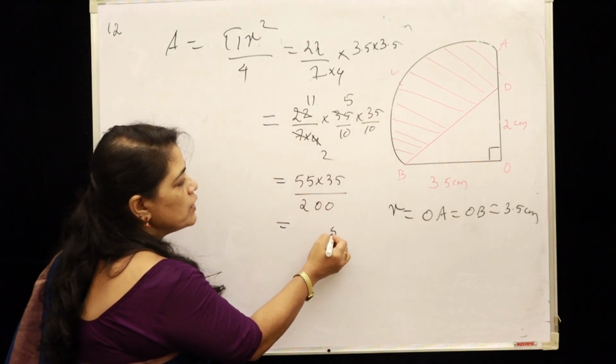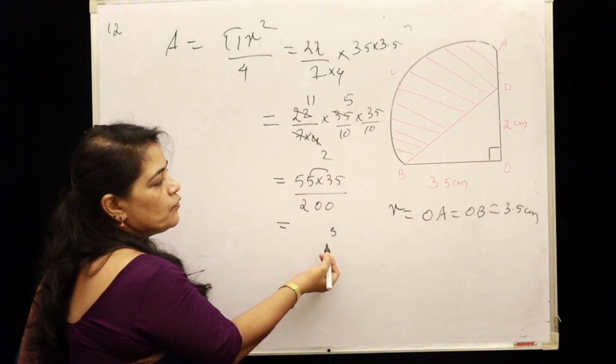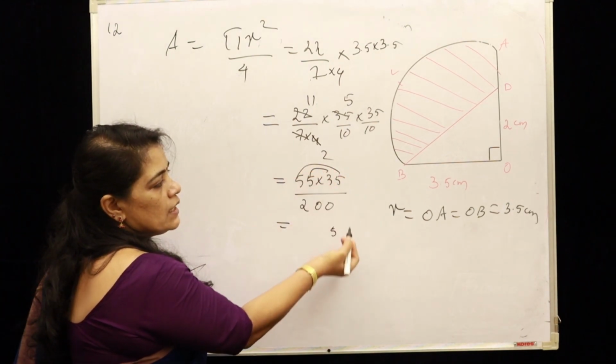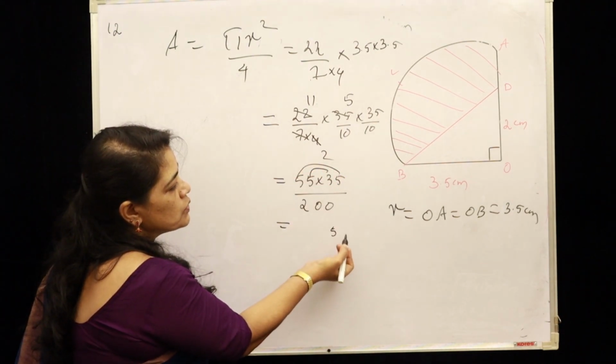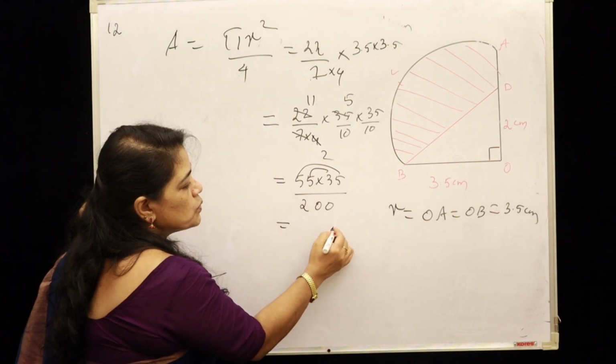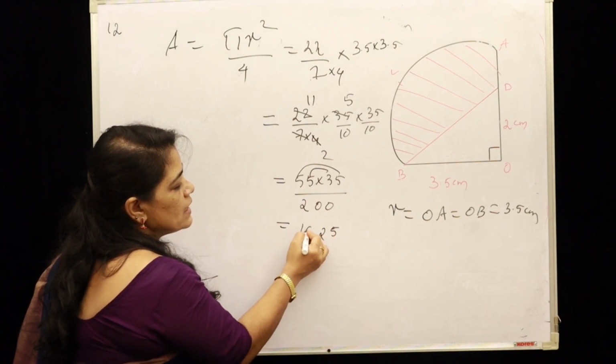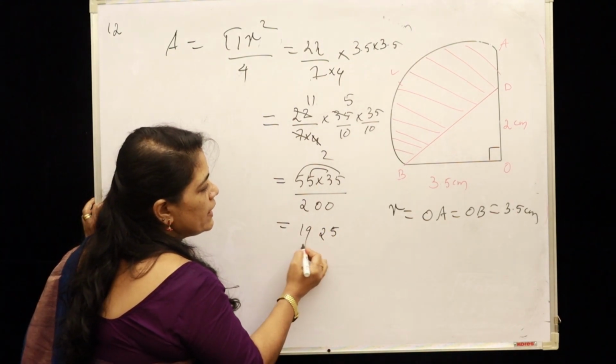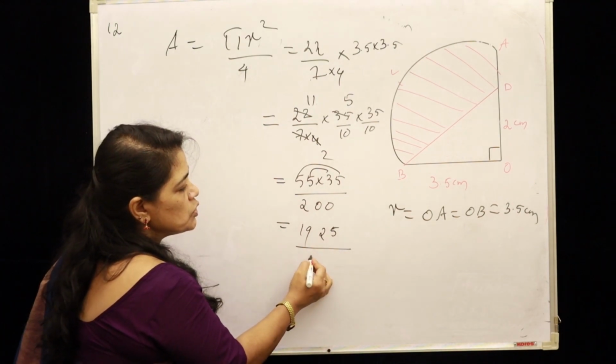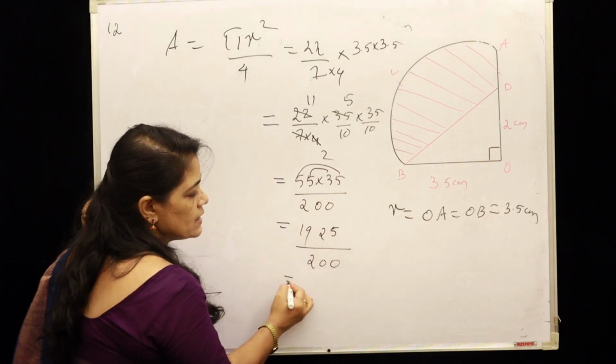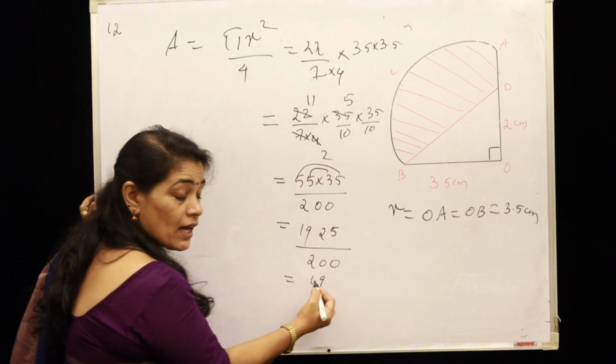That is 25, 2 carries, that is 15 and 40, 25, 40 and 2, 42, then 4 carries, divided by 200.